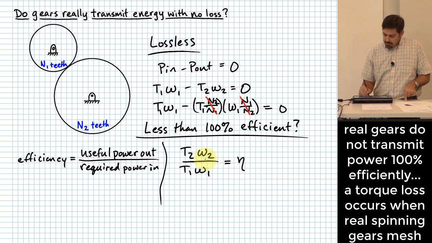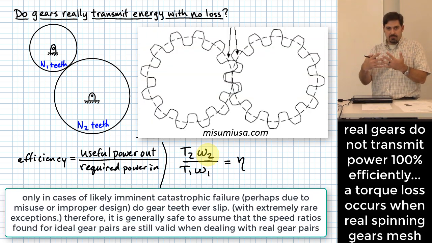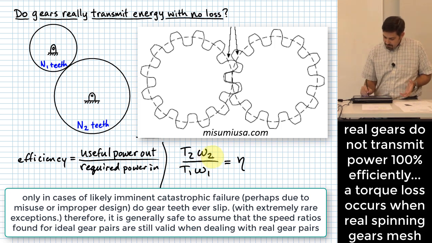With this omega 1 and omega 2, is there any way for the ratio between omega 1 and omega 2 to ever be different than it is whenever the gears mate with each other? Or another way of asking it: what would that physically look like if those gears didn't have the ratio? What we're saying here is that this no longer has to be equal to 100% or 1.